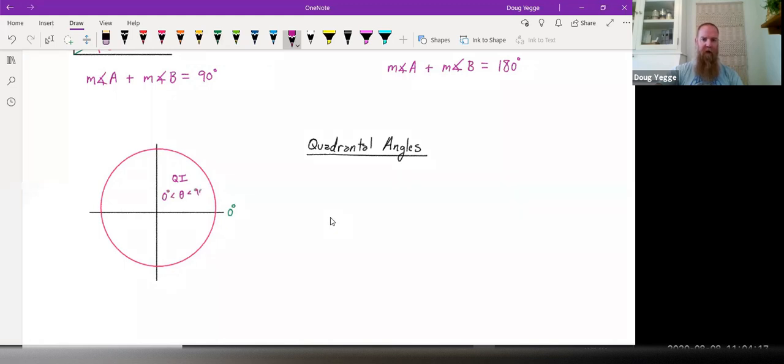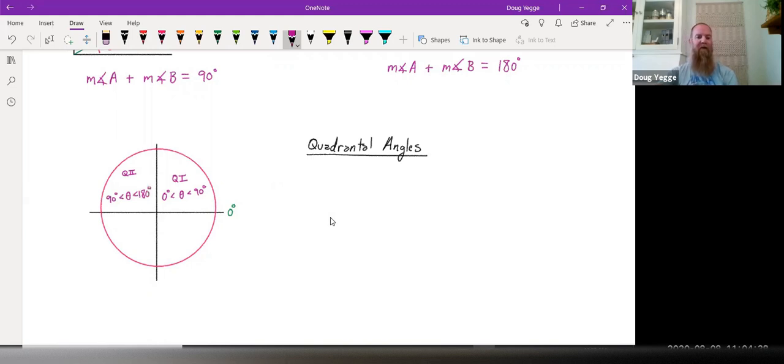These are where all the acute angles live. Now, when you look over to quadrant 2, then all of the angles that live in this quadrant are going to be between 90 degrees and 180 degrees. So this is where all of the obtuse angles live.